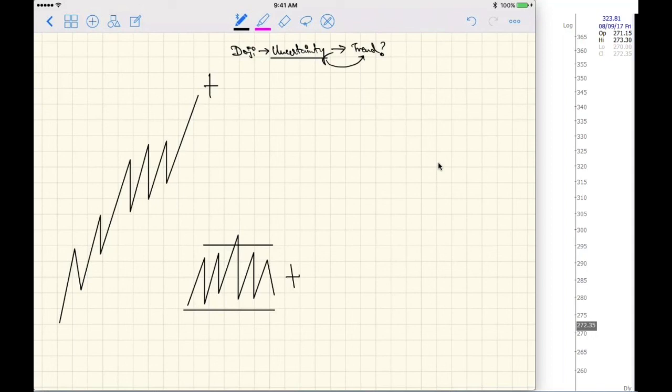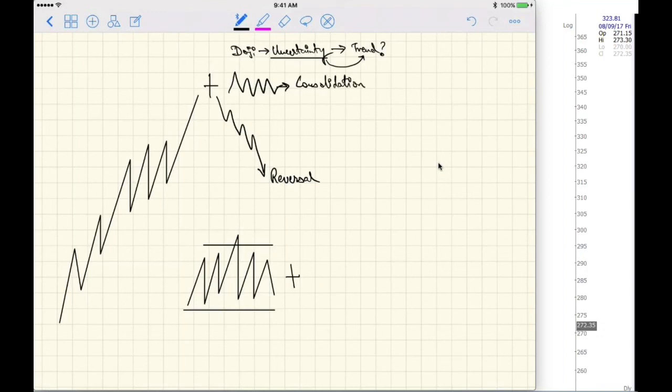What can happen? Two things can happen. One, it can come down, so the uncertainty can lead to a reversal, or the uncertainty can lead to a consolidation. These are the two possibilities.